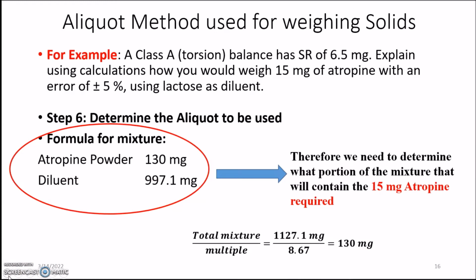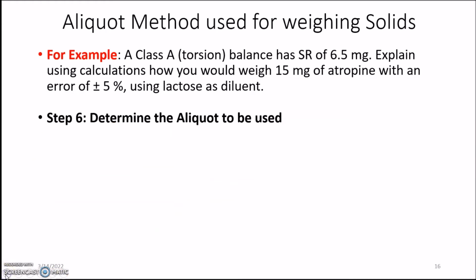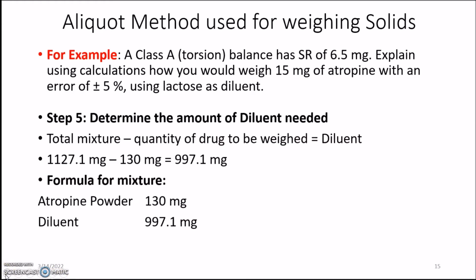And you can also use ratio and proportion to determine if that is true. You can say 130 milligrams is contained in the 1271.